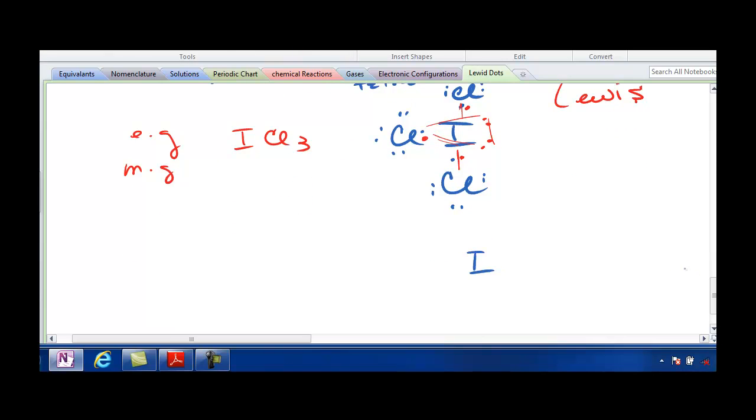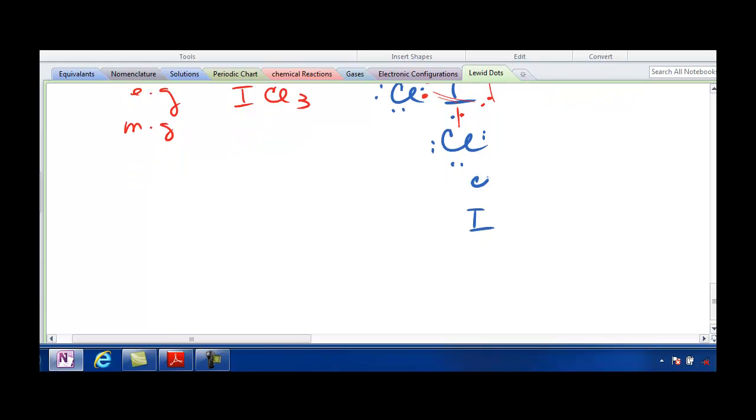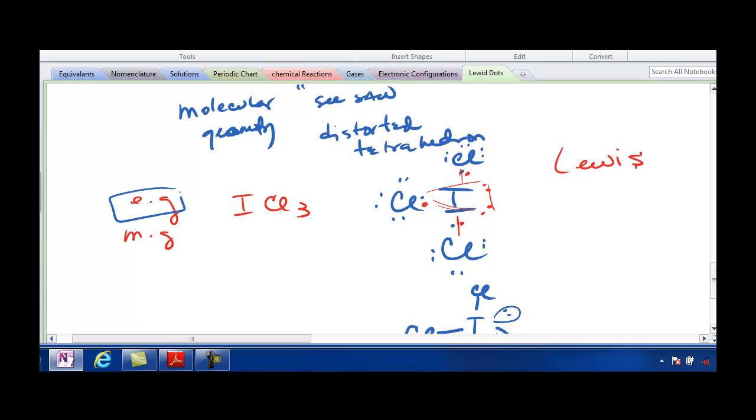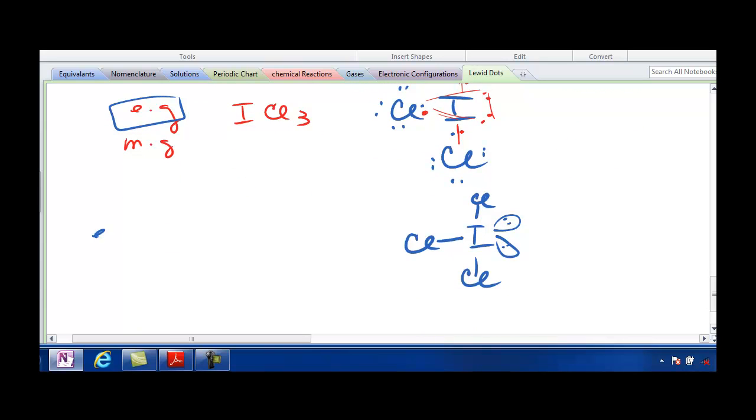I has a Cl, a Cl, and a Cl, a bond, a bond, a bond, a lone pair, and a lone pair. So what shape is this, guys? Electronic geometry, electronic geometry. Trigonal bipyramid. It hasn't changed. Electronic geometry is trigonal bipyramid.